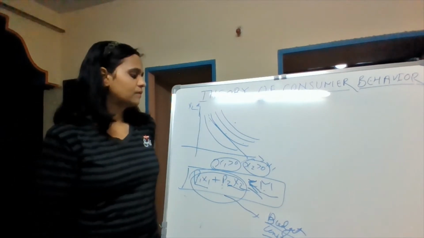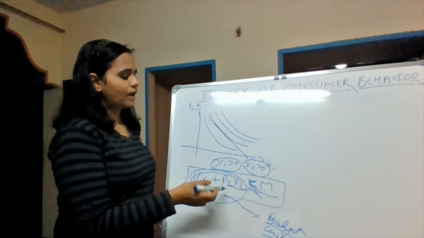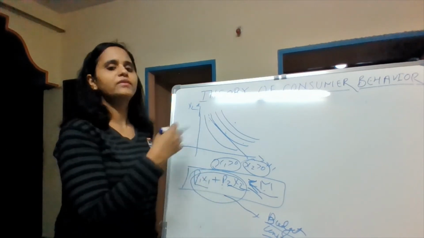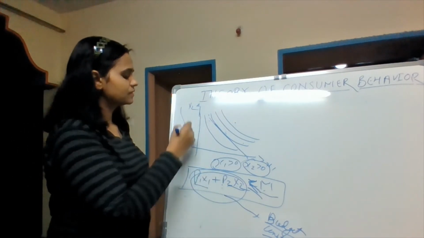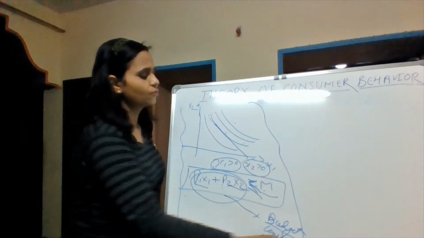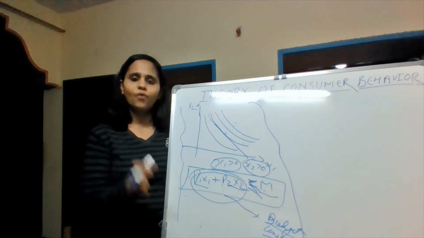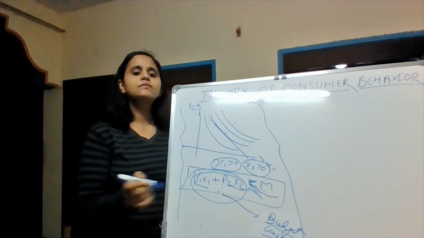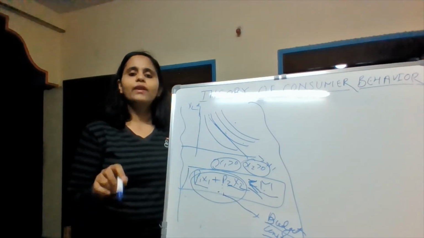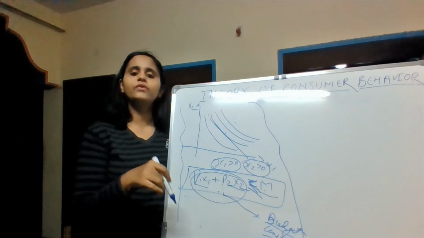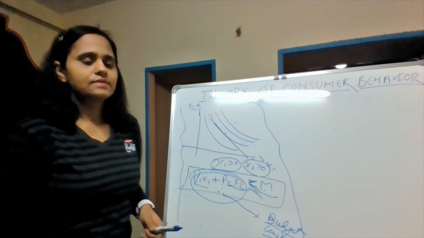Why it has to be tangent, we'll see in the utility maximization problem, where it is proved. Consumer utility is maximized at the point where the budget constraint is tangent, that means the slope of utility is equal to the slope of the budget constraint.